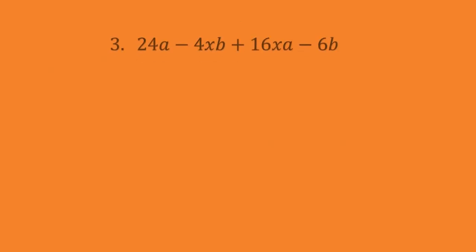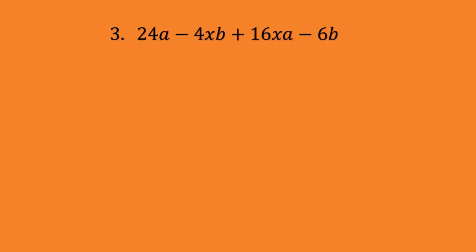In my next example I've got 24a, 4xb, 16xa and 6b. Again, perhaps if we use grouping straight away, we can group this too, because 24 and 4 might have a common factor, 16 and 6. But before anything of this takes place, remember the first thing you always ask is, is there a common factor? Looking at 24, 4, 16 and 6, we can see that there can be a common factor first.